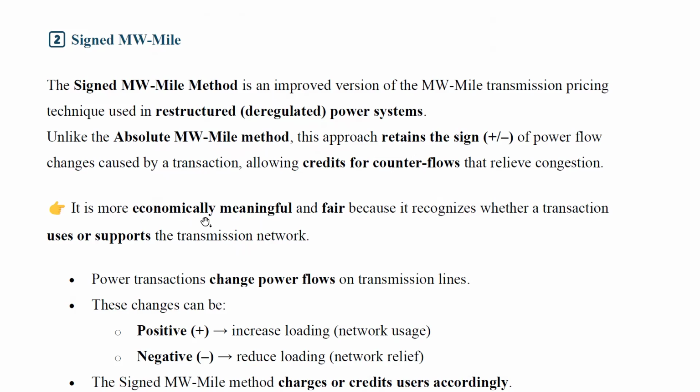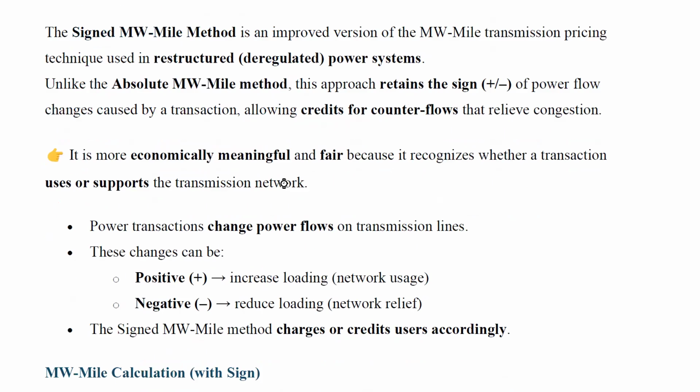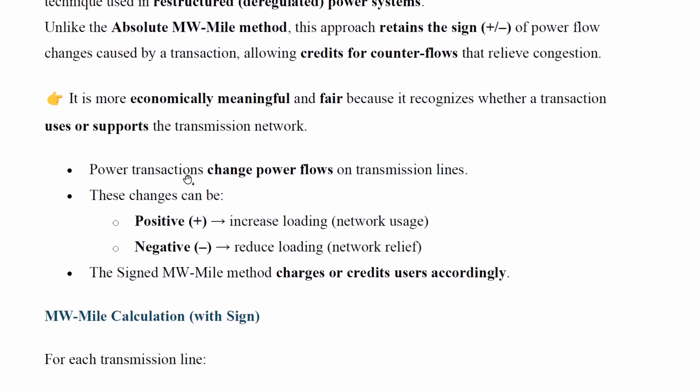It is more economically meaningful and fair because it recognizes whether a transaction uses or supports the transmission network. A power transaction changes the power flow on the transmission lines. If the change is positive, it means an increase in loading, that is network usage.